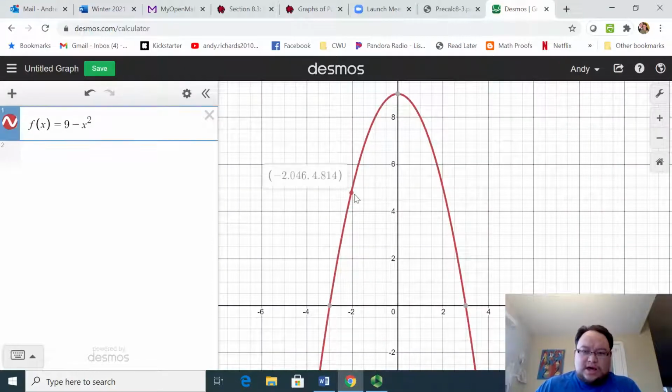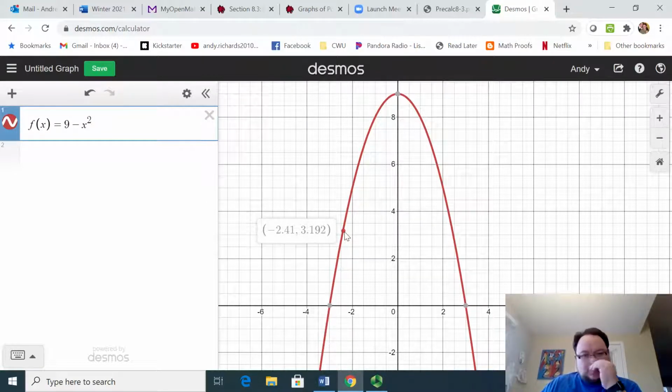Okay, and the idea here is that we are going to create a rectangle off of this, where if you can imagine the point that I'm holding right now, it is going to go to the right to its respective corner over here, and that's going to create the top of the rectangle. So that's going to be the base, and the height of it is going to be from this point down.